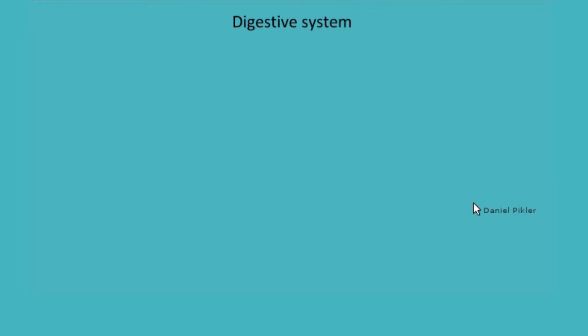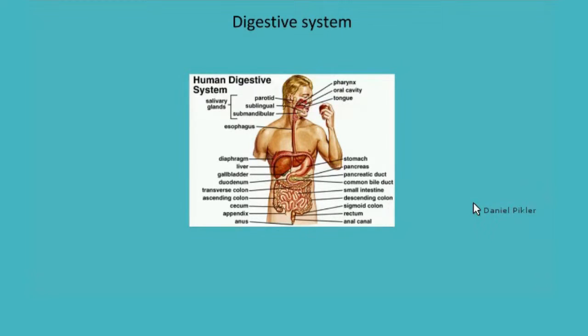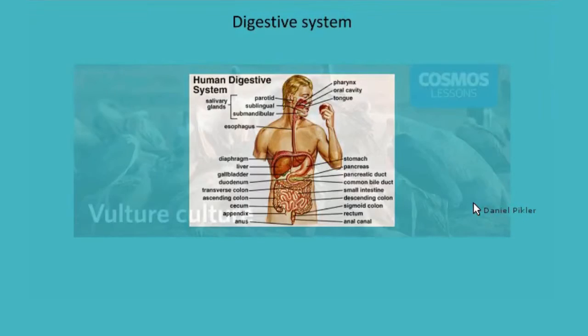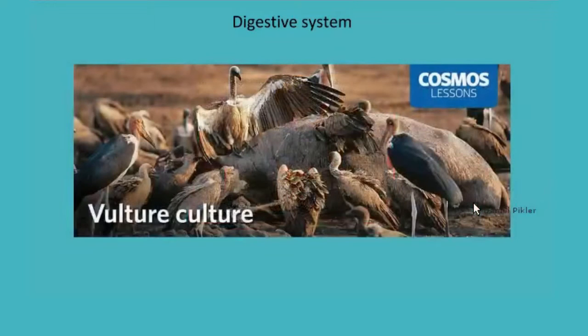And as a final example here quickly, when learning about the digestive system, you might just dive into some kind of model like this, where you're looking into the components and what they do. Why not lead with some kind of recent engaging story that has everything to do with the digestive system?